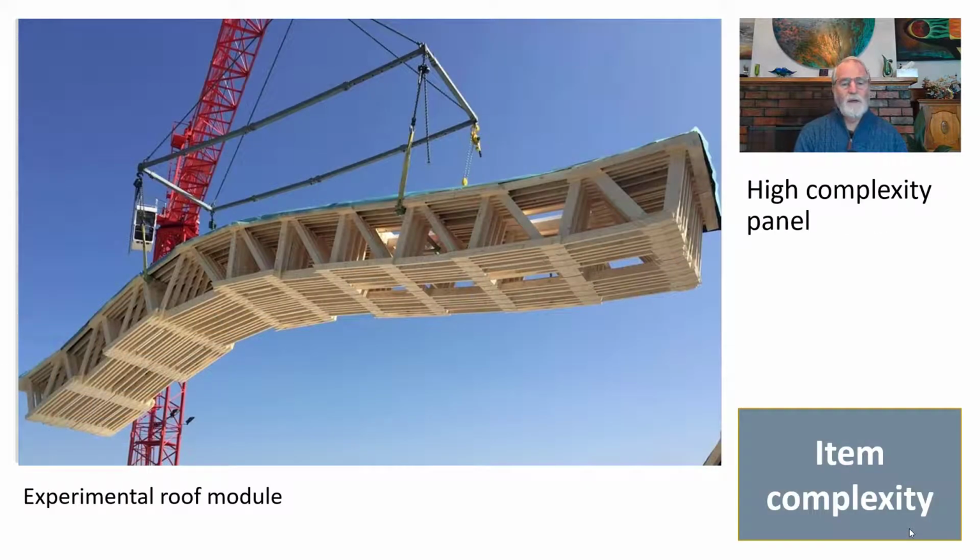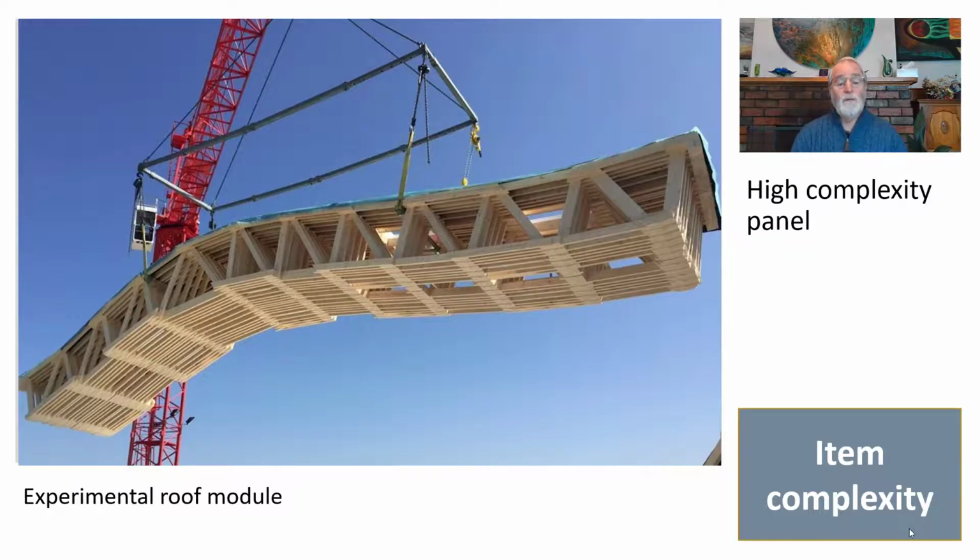Here's a complex unit. This photograph was provided by a colleague in Switzerland, and this is a quite complex experimental roof module that was manufactured. This is one of a series of modules, and each piece of timber in there has had to be cut to a particular shape, nailed in a particular manner, and it's all been done by robots and machines.